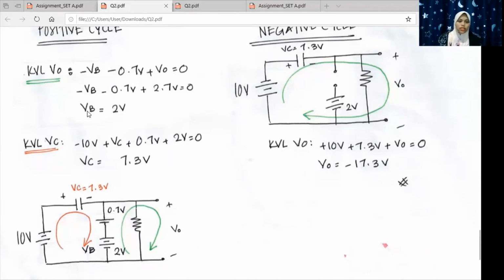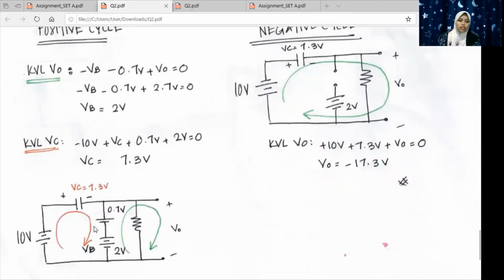So we got VB 2.7, the battery here. We can find the value of VC. The KVL for VC is this red arrow, and the value for VC is 7.3 volt.